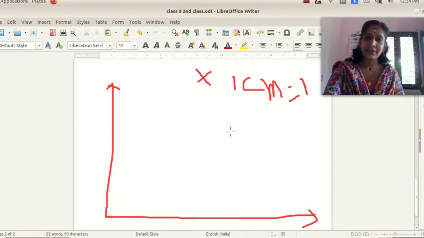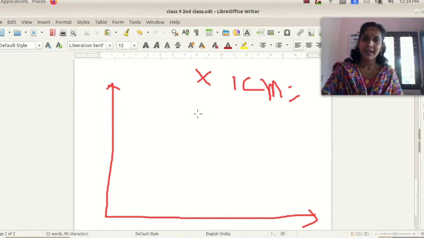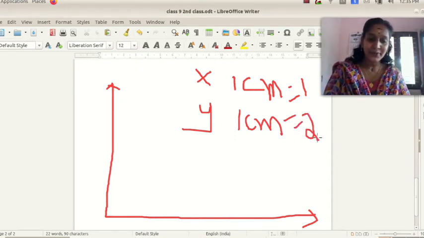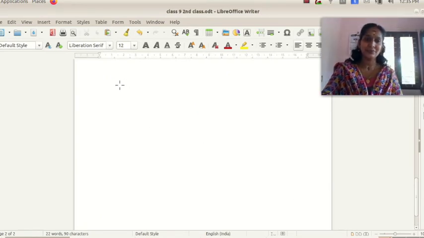And in the y-axis, 1 centimeter is taken as 2, isn't it? So we are going to draw once again.